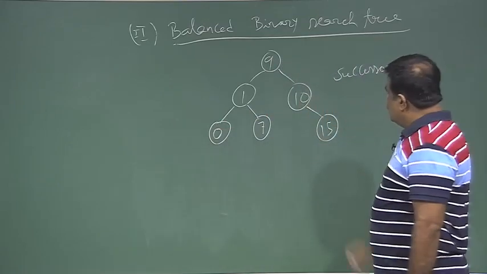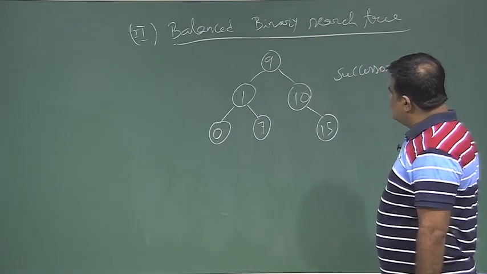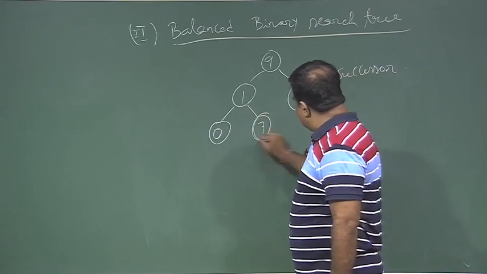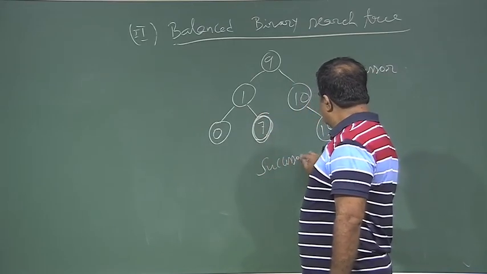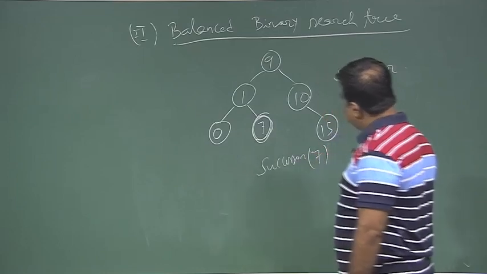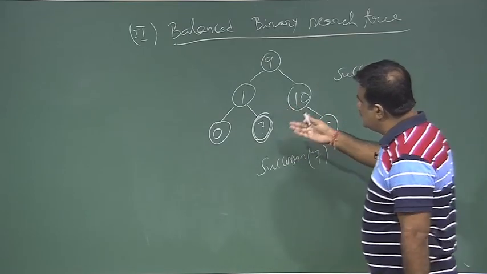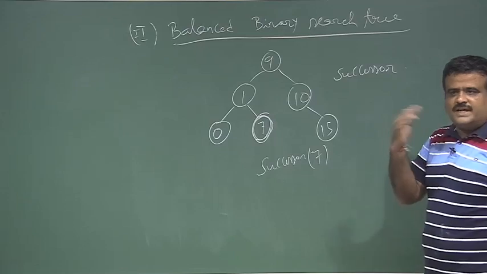Now, if we ask for the successor of 7, this is basically in-order traversal: who is the next element after 7?